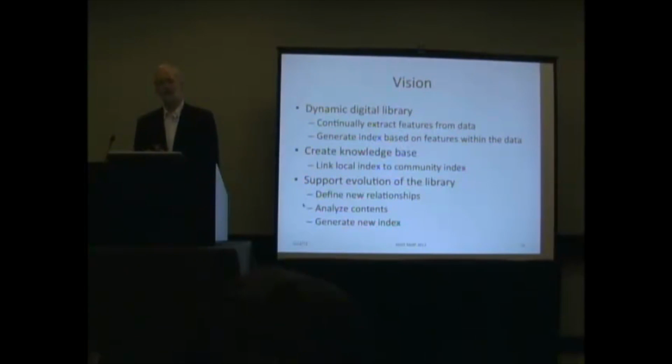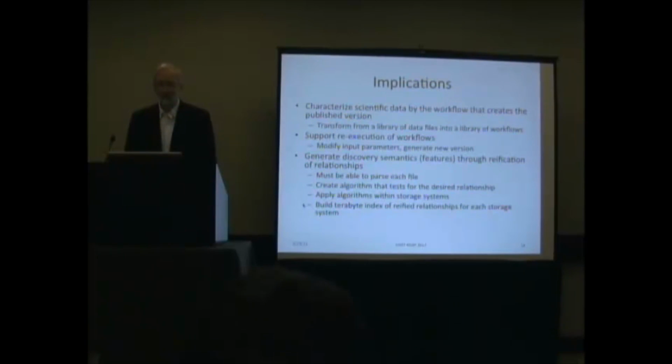So if a researcher comes in and says, I now, instead of an El Nino effect, want to look at a La Nina effect, I can go in and now analyze the data and present an index based upon that new analysis.